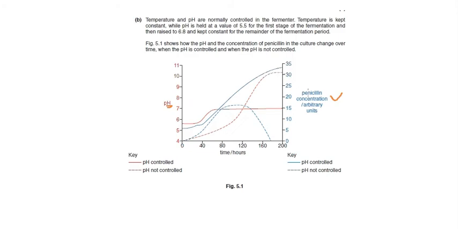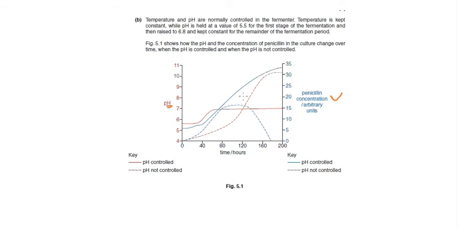So when pH is not controlled, this is continuous culture. First of all, when pH is controlled, the penicillin concentration is always high.